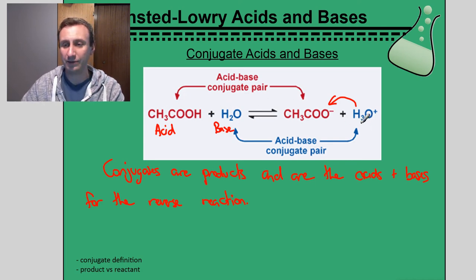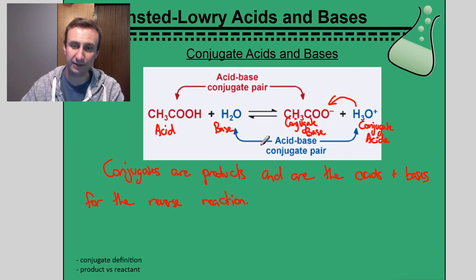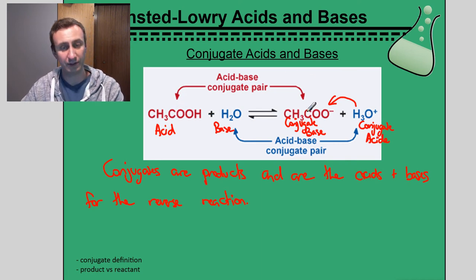So that would make this my conjugate acid, and it would make the acetate ion my conjugate base. Okay, so I have my acid and my base, and I have my conjugate base and my conjugate acid. If I put these together, this is a conjugate acid-base pair. I have an acid, and then I have its conjugate base.